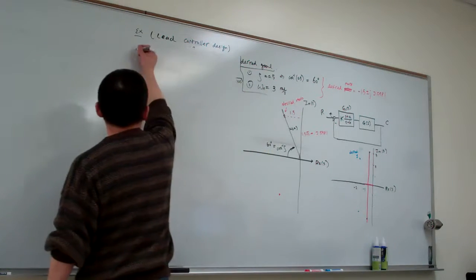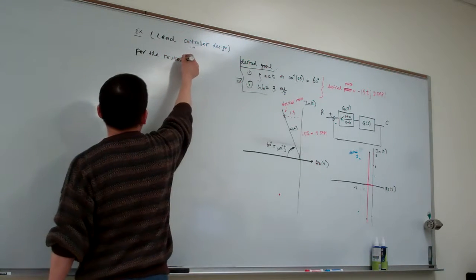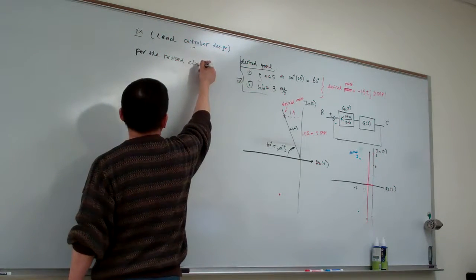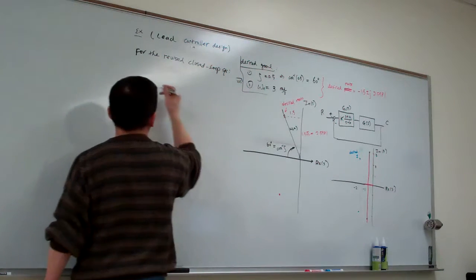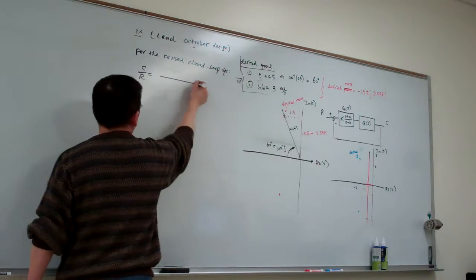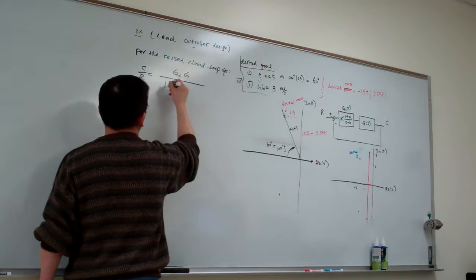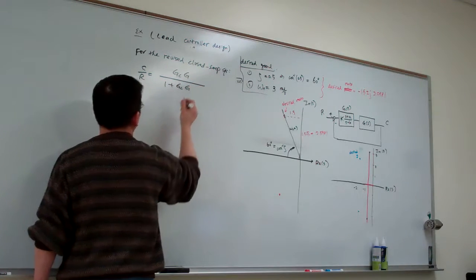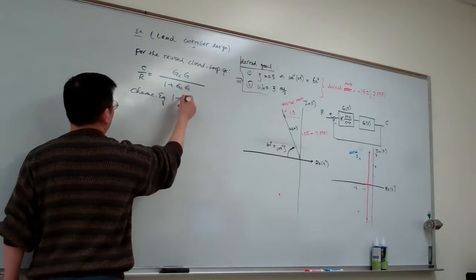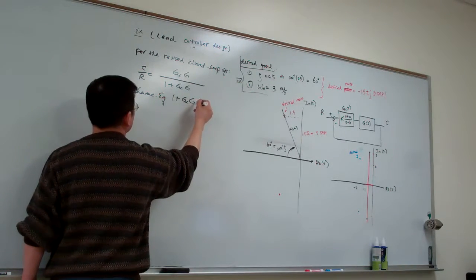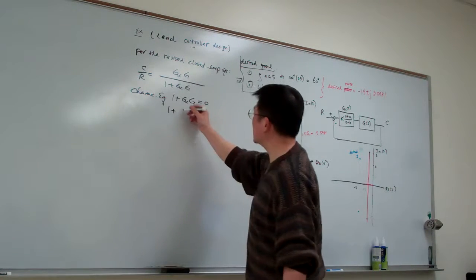So for the revised closed loop systems, we can calculate the transfer function that is GC G over 1 plus GC G. So therefore, the characteristic equation is 1 plus GC G equal to 0, and we can substitute the GC G into here.